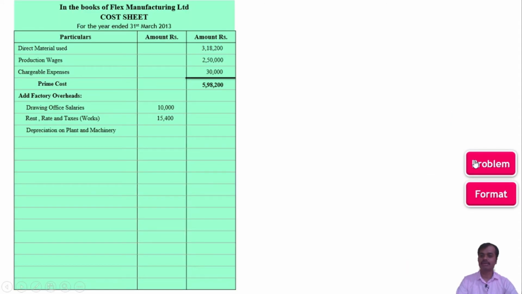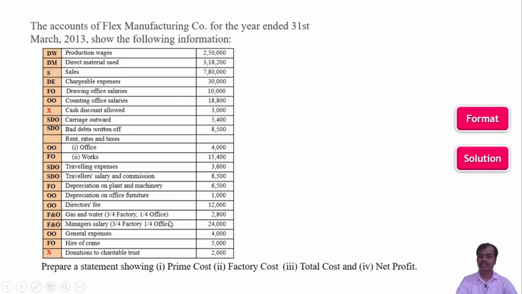Let's take depreciation on plant and machinery 6,500. Next item is gas and water. It is 3/4 of the 2,800. If we calculate the 3/4 of 2,800, we will get 2,100.